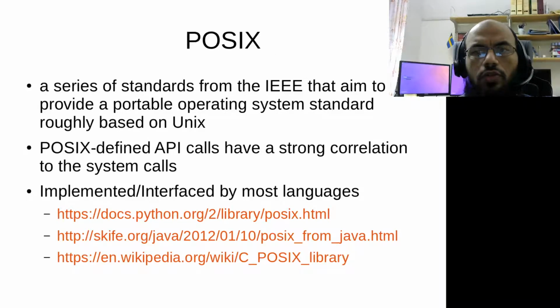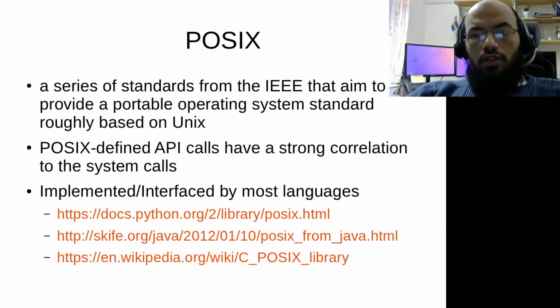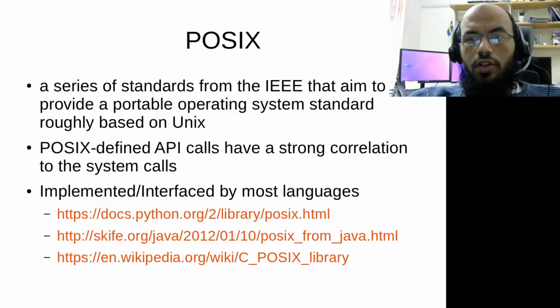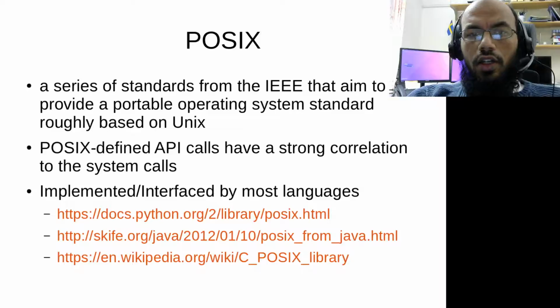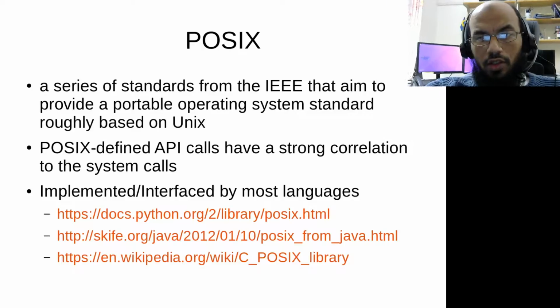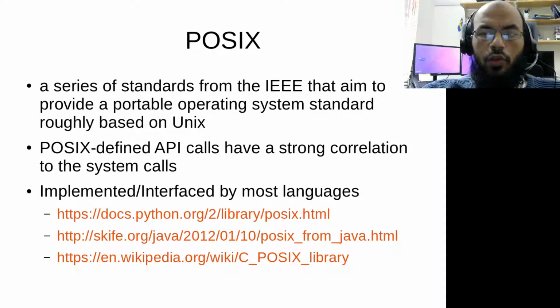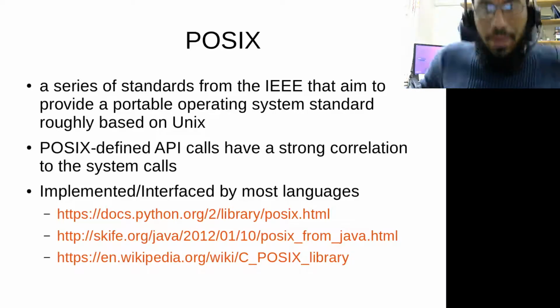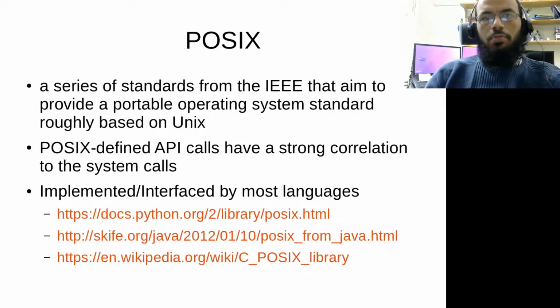So let us look at the POSIX interface basically. POSIX is a standard that was designed by the IEEE, one of the leading technical organizations in the world that basically manages almost everything related to engineering in many ways, both professionally and academically.